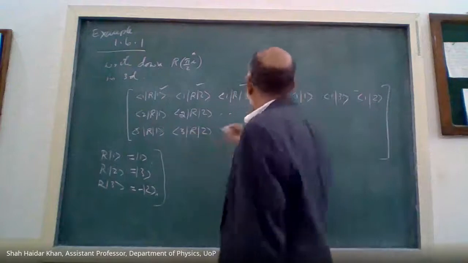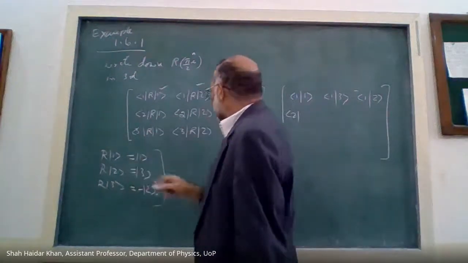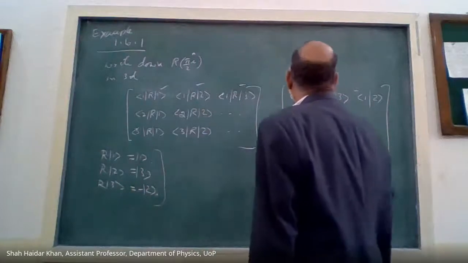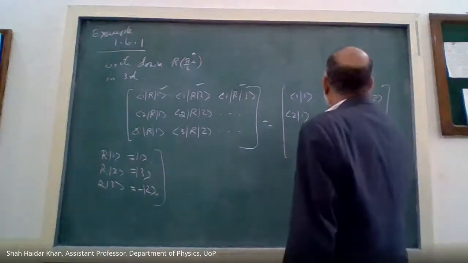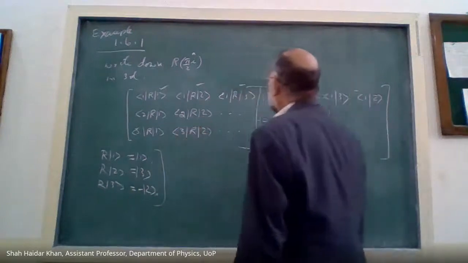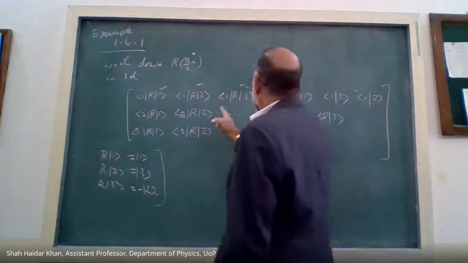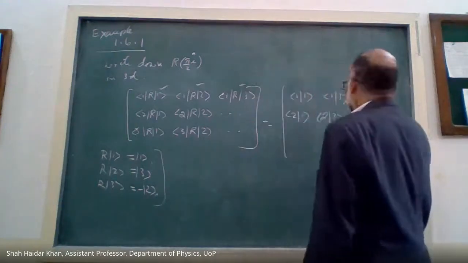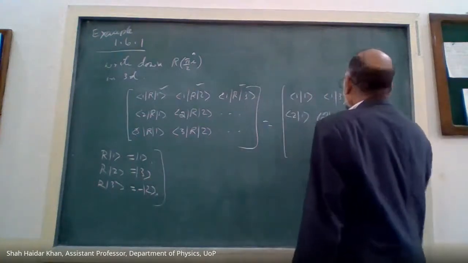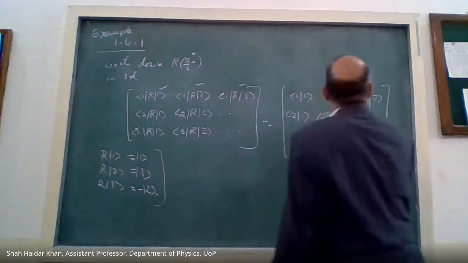Then 2, and R of 1 is 1; 2, R of 2 is 3; 2, R of 3 is -2.